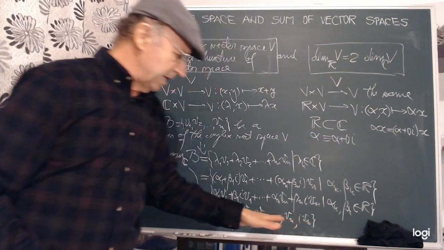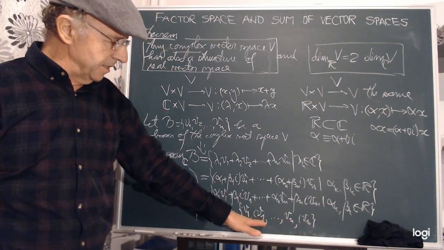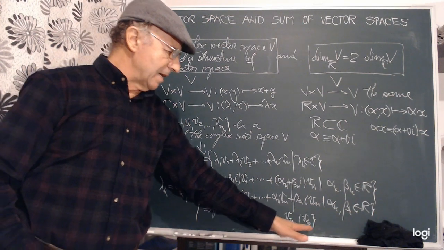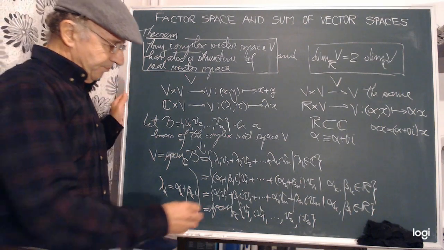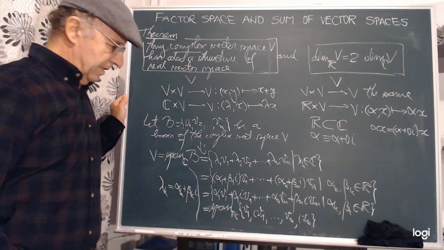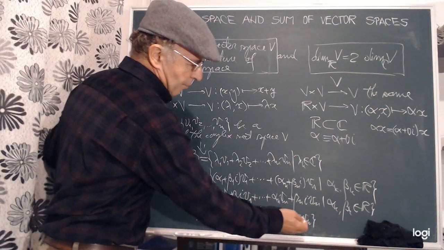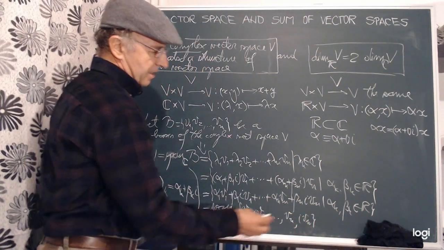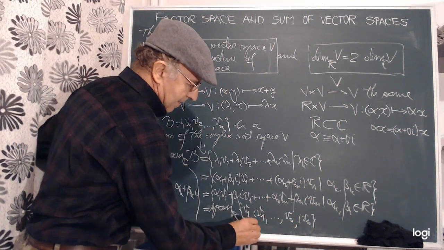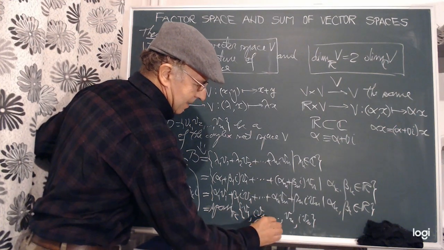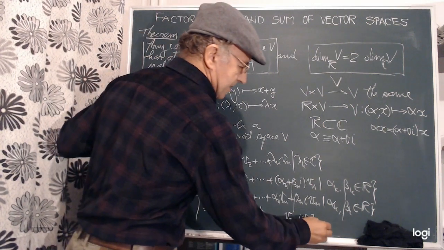One can easily prove that this set of vectors is linearly independent over the field of real numbers, and here we have 2n vectors, and we can prove that these are linearly independent. That is a basis.